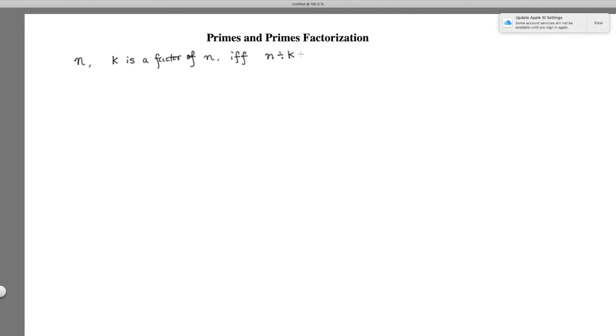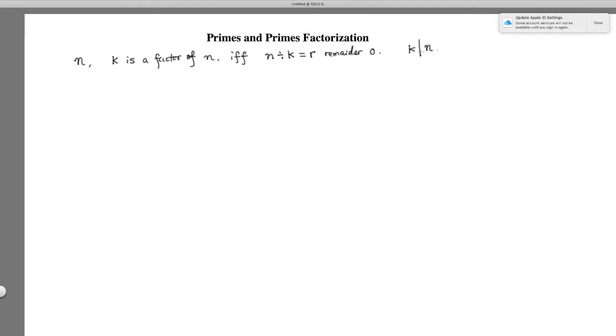So n divided by k equals something, let's say, with remainder r equal to 0. And we write that k is a factor of n as k divides n.